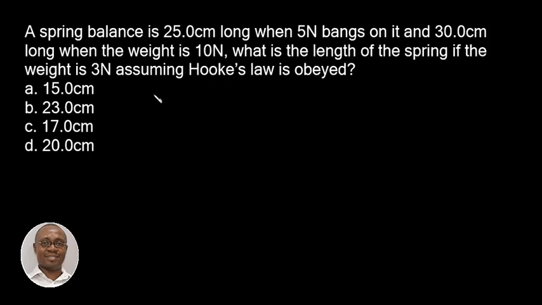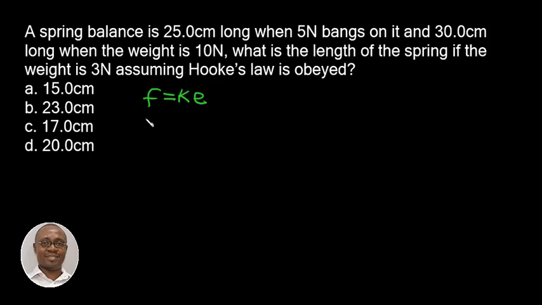By Hooke's law, we mean that the force exerted to compress or extend a spring is directly proportional to the distance you stretch. So if we change that proportionality to K constant, that is the spring constant, times the amount of extension.